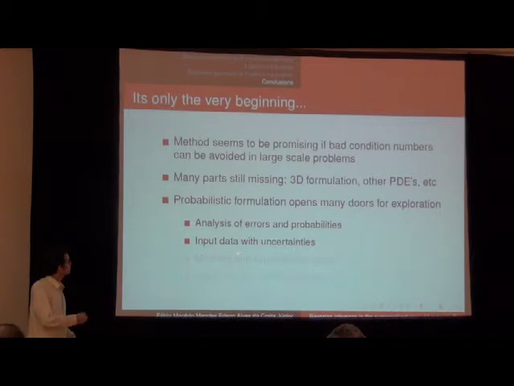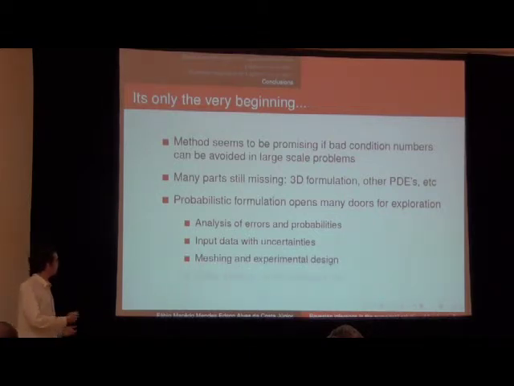You can also have a problem where you have uncertainties in the input data, that is, you know the boundary conditions, but with some Gaussian error. If this happens, the method can be modified very easily.